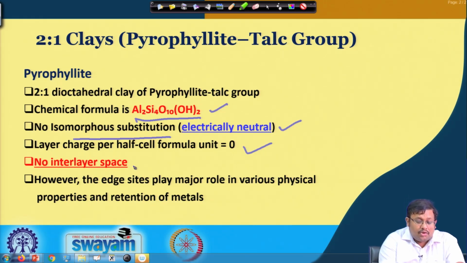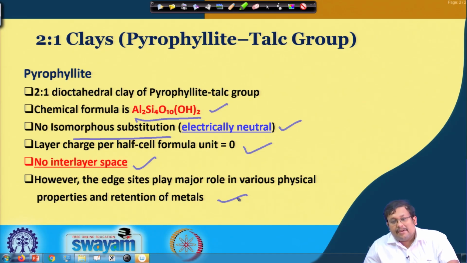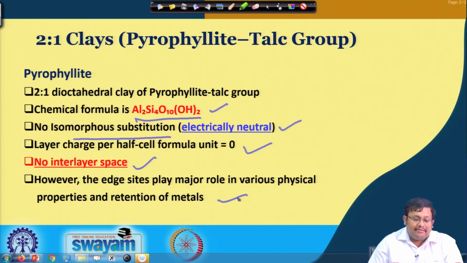There is also no interlayer space. However, the edge sites play a major role in various physical properties and retention of metals. Although they do not have any permanent negative charge due to the absence of isomorphous substitution, they do play roles in various physical properties and retention of metals.